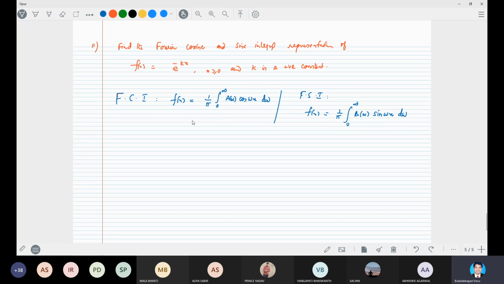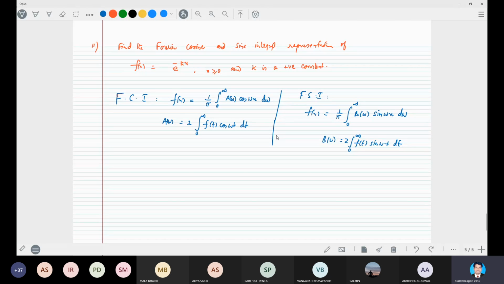Here you need to find B(omega), which is 2 times integral 0 to infinity f(t) sin omega t dt, where A(omega) is equal to 2 times integral 0 to infinity f(t) cos omega t dt.